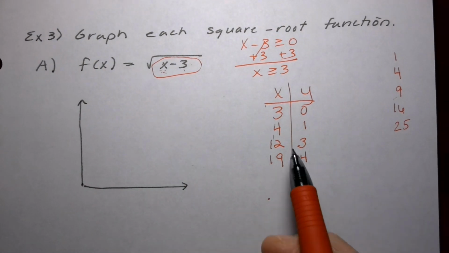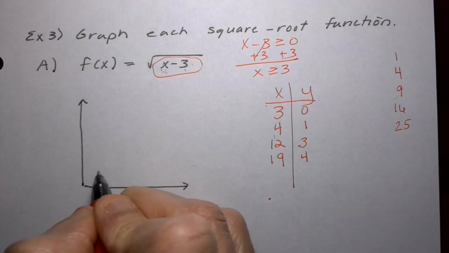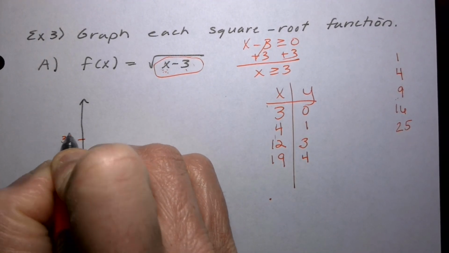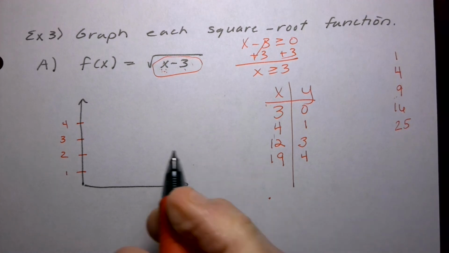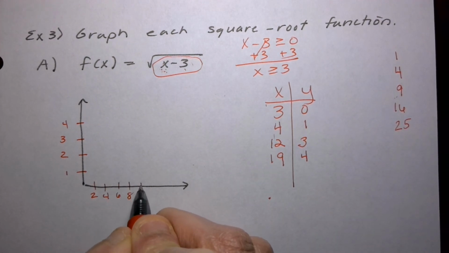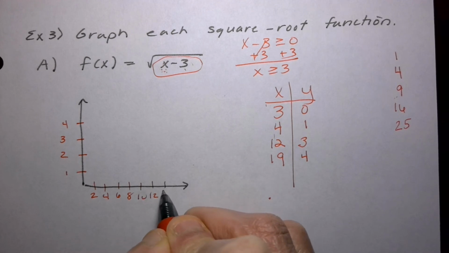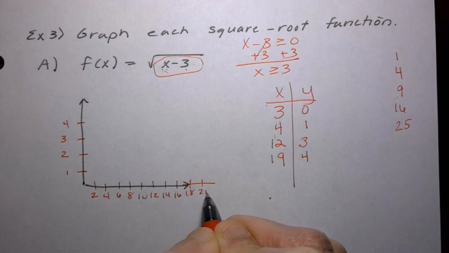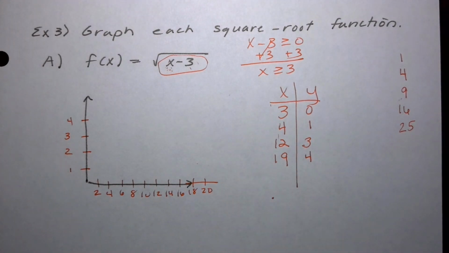So that works well. So you've got to look at your range here. You're going to have a different level going on here. 1, 2, 3, 4. This is going to go all the way up to 19. So 2, 4, 6, 8, 10, 12, 14, 16, 18, and 20. And that's fine. That's no problem that they're a little off.